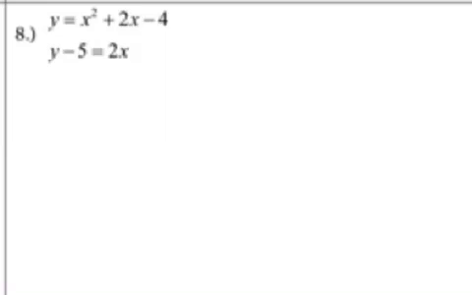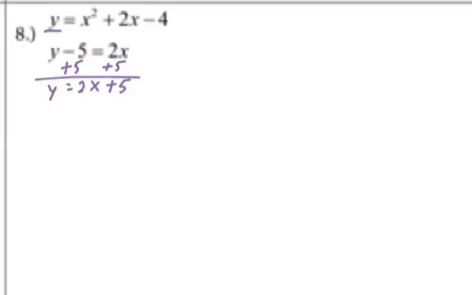Now, question number 8, again, the very first step is to make sure that both equations are in the form y equals. The first equation is in the correct form of y equals, but the second equation is not. So to get the y by itself, you would need to add 5 to both sides, giving you y equals 2x plus 5.